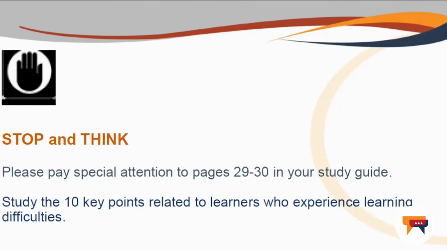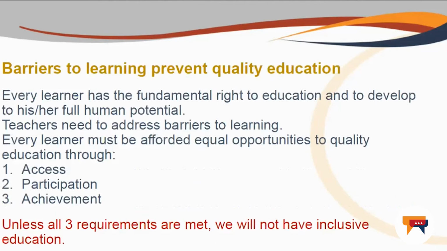So please pay special attention to pages 29 and 30 in your study guide. The next section of our theme B deals with how barriers to learning prevent quality education.